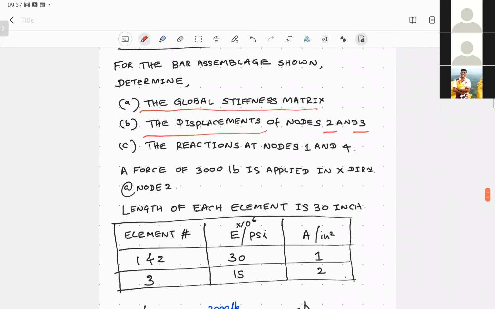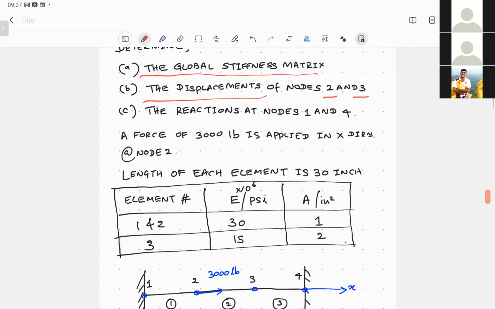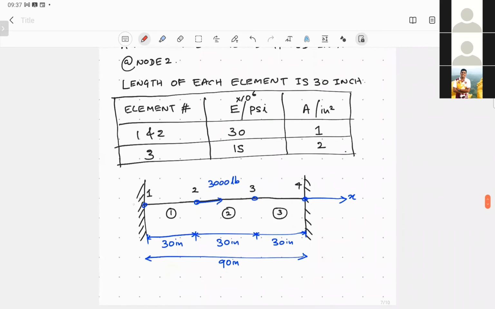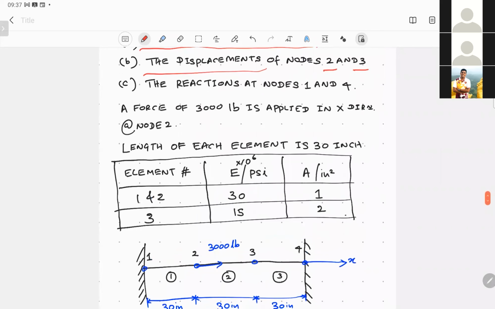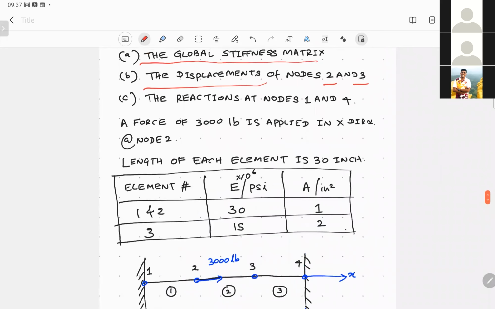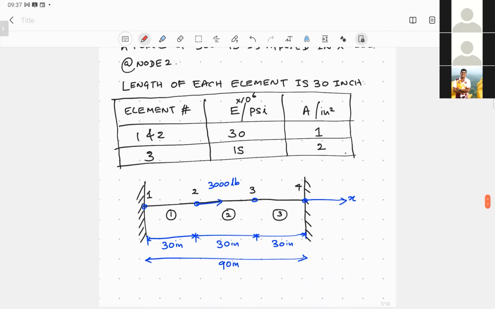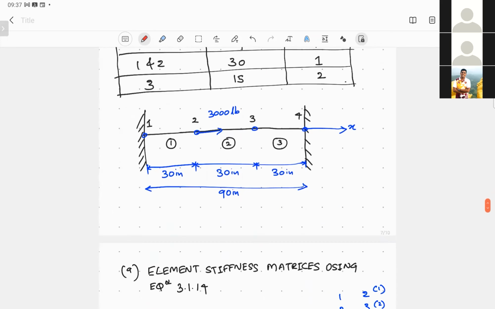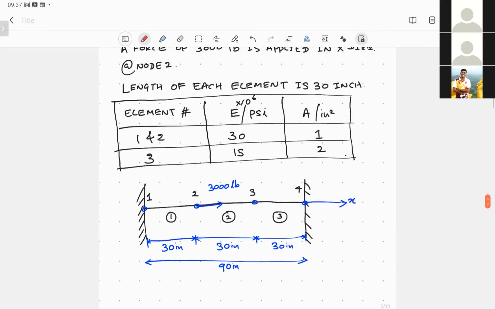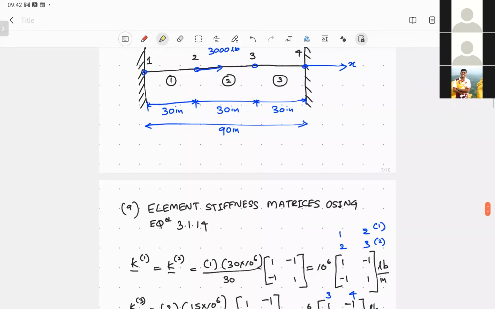And once you find the displacements at nodes 2 and 3, the next task is to find the reactions at node number 1 and 4. Even though the displacements at nodes 1 and 4 are 0, there will always be reactions because they are fixed supports. So based on these boundary conditions and this problem, try to take a few minutes and work out this problem. Our first task is to find the global stiffness matrix.